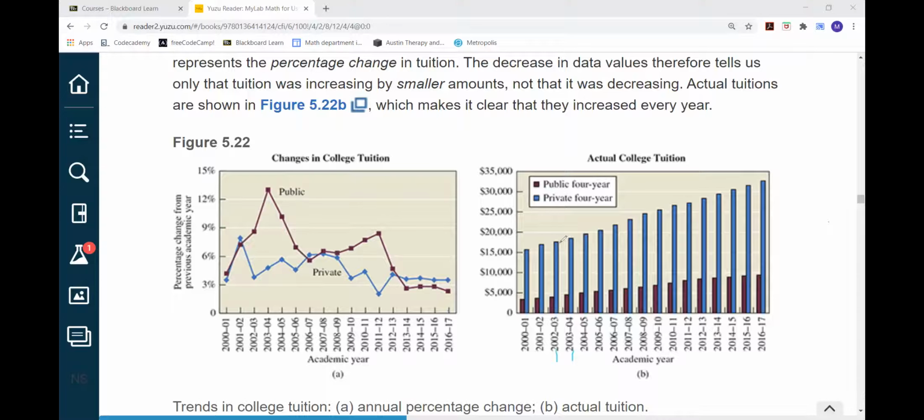Did this one go up more or did this one go up more? If you can tell, you're doing better than I am, because it's hard to tell on that one. I guess we could take them out and try to figure it out. Yeah, it's not really easy to read on this one.